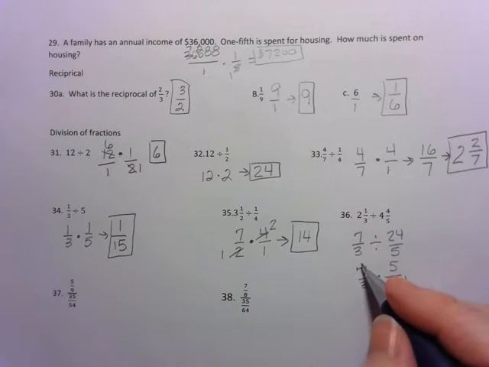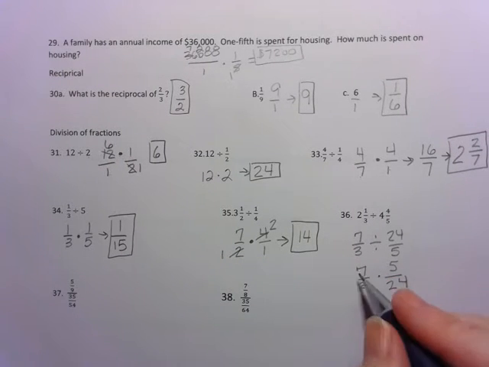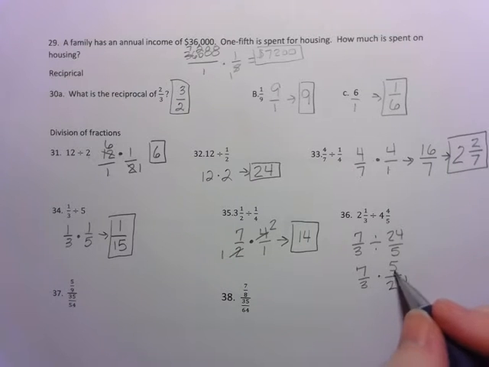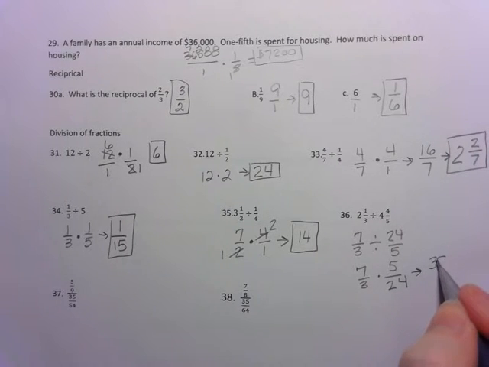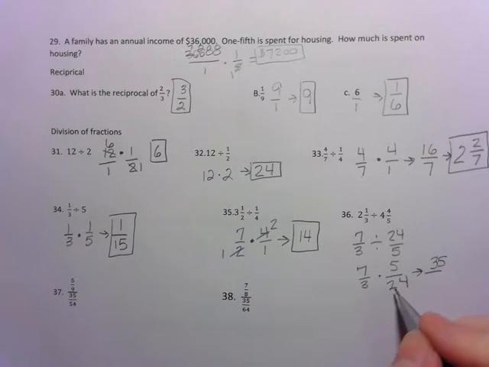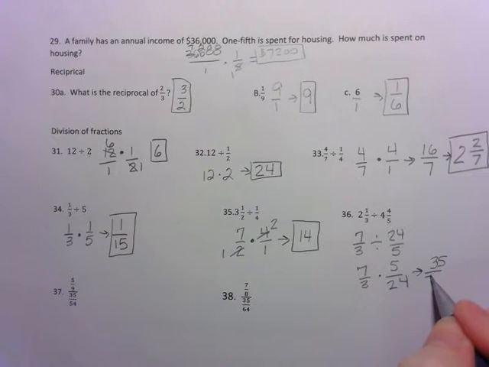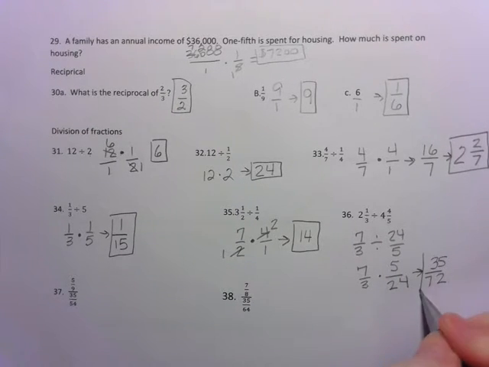Now I cannot cancel anything. 7 doesn't go into 24, 3 doesn't go into 5, so I multiply straight across. 7 times 5 is 35. 3 times 24 is 72.